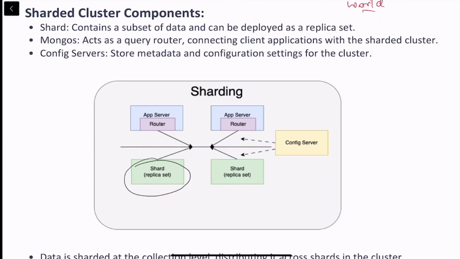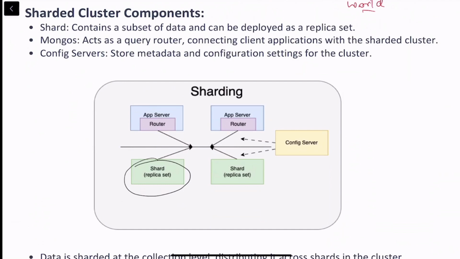Think of the sharded cluster as MongoDB's answer to handling massive data sets with ease. As you can see in the diagram, there are shards, Mongos and config servers, and these are the key components. The shards contain a subset of data and can be deployed as replica sets for data redundancy.